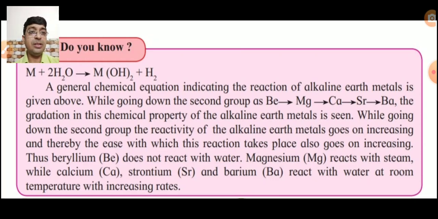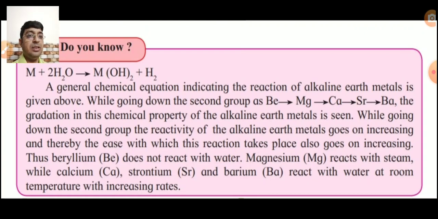A general chemical equation indicating the reaction of alkaline earth metals is given above. Where are the alkaline earth metals? In group number 2 in our modern periodic table. Check that table. Going down the second group, we have beryllium, Mg magnesium, Ca calcium, Sr strontium, and Ba barium.